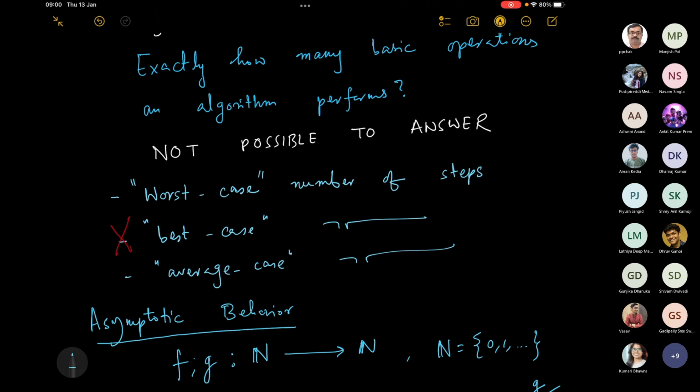Think of an application of a fire alarm system. There, the worst case guarantee is what I want. If a fire has broken out, it does not matter, for all possible circumstances, it should take the least amount of time. On the other hand, suppose I give you an algorithm for a fire alarm system which for 99.99% of the inputs will give a response immediately, within 1 second.